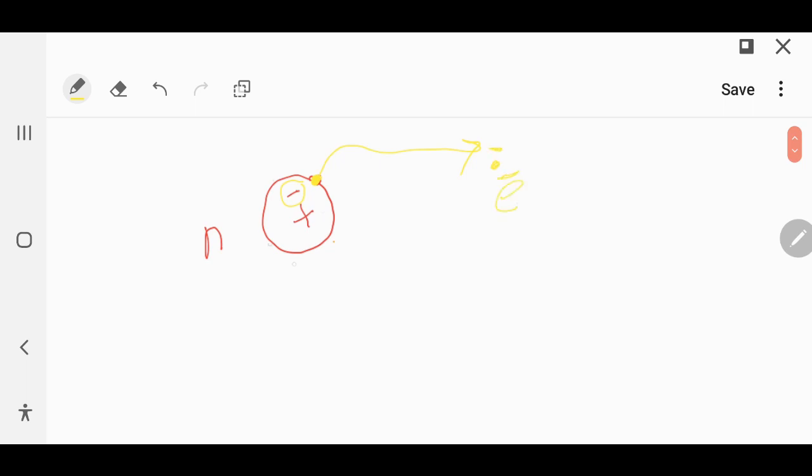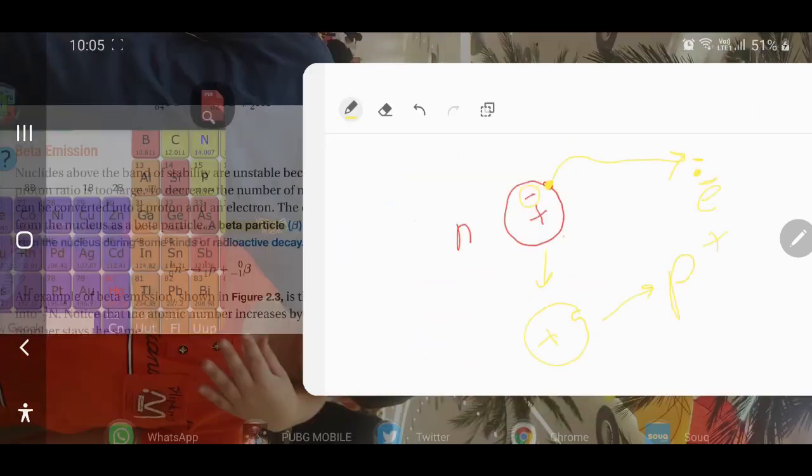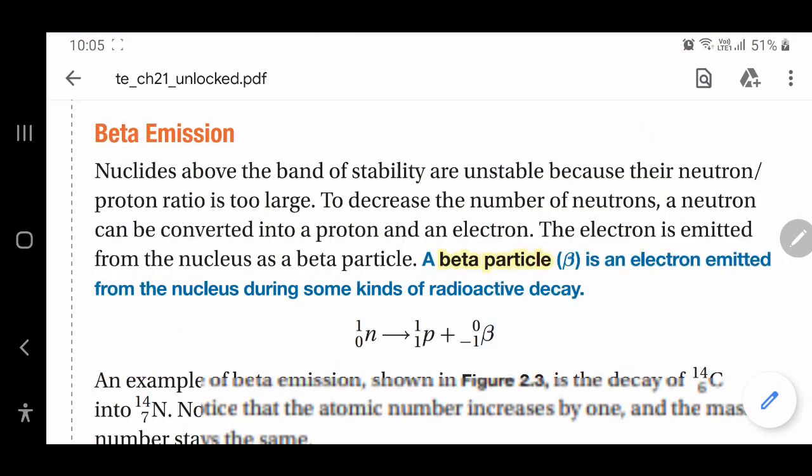So in this type of radiation, when the beta particles are emitted from the nucleus, the number of protons will increase. So the atomic number will increase. The atom itself will change to a new element with a higher atomic number, but the atomic mass will be the same.